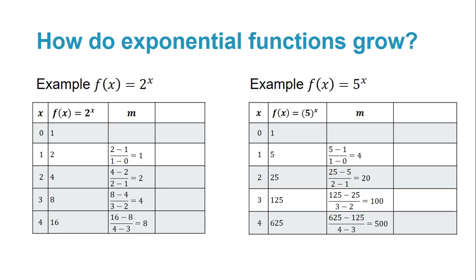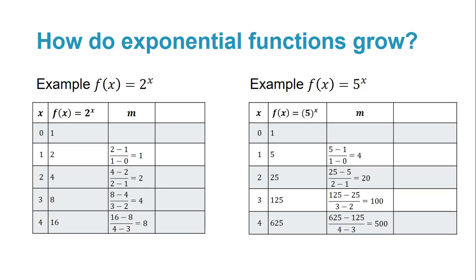When we look at these values and think about the slope between consecutive points in our table, the slope between the points (0, 1) and (1, 2) is the change in y over change in x, 2 minus 1 divided by 1 minus 0, which is 1.